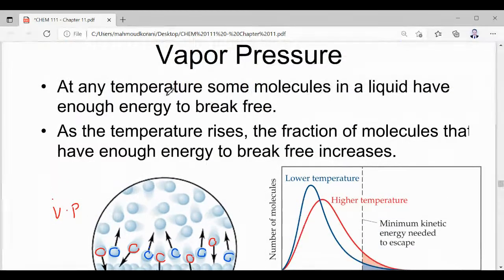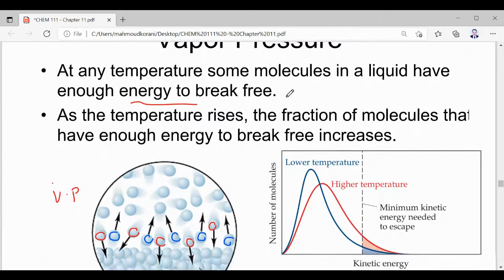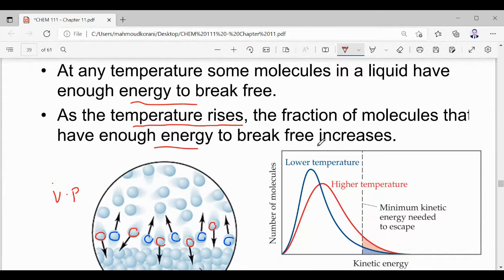At any temperature, some molecules in the liquid have enough energy to break free, to escape the surface force and go to the evacuated space. This is evaporation. As the temperature rises, the rate of vaporization increases, because the fraction of molecules that have enough energy increases.